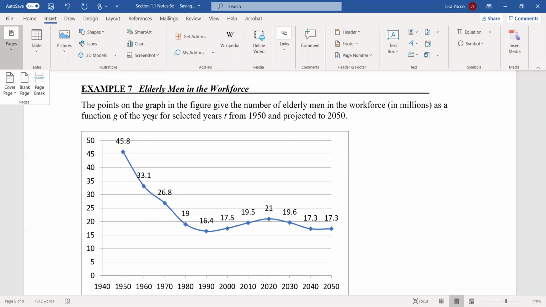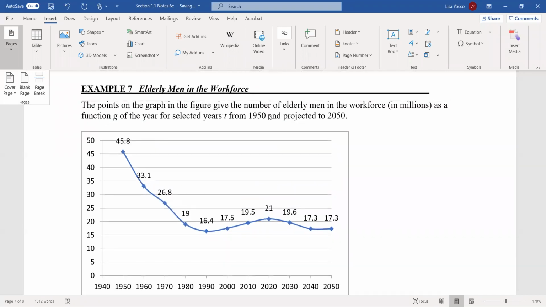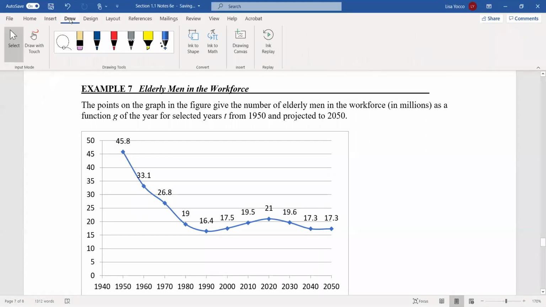All right, here we have a figure that shows the number of elderly men in the workforce in millions as a function G of the year, the selected year T. So we're just saying, hey, this is a function. G of the year is a function.